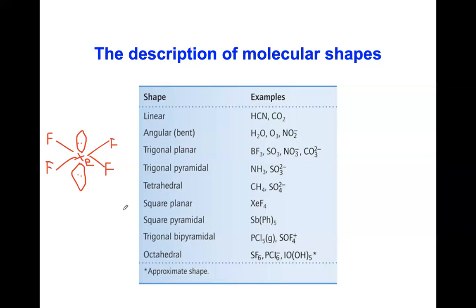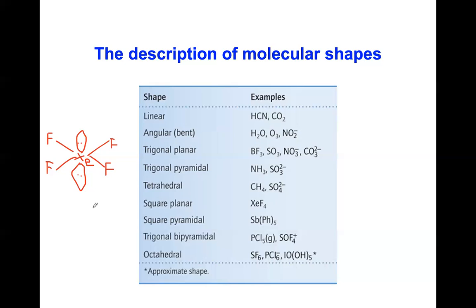When we talk about the geometry of a compound, we only consider the distribution of the real atoms, so we omit the position of the lone pairs. But actually this is a pseudo-octahedral compound because these 2 lone pairs occupy the axial positions in the octahedral geometry.